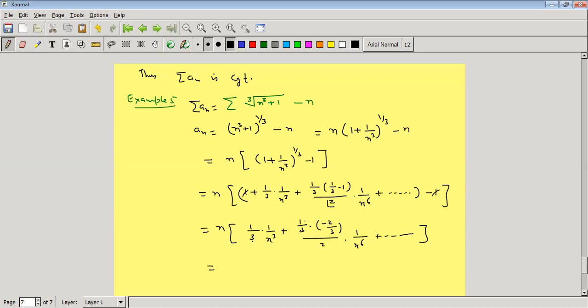So we can take 1 upon n square common: 1 upon n square times 1 by 3 minus 1 upon 9 into 1 upon n cube plus so on.